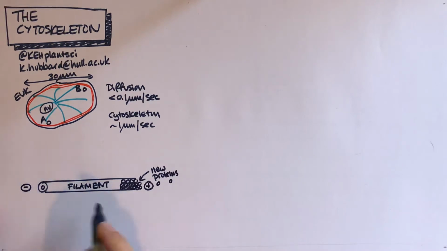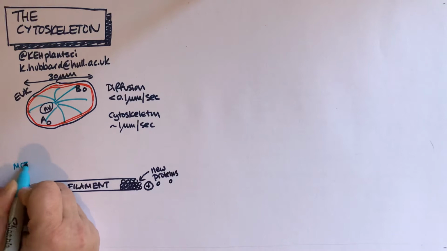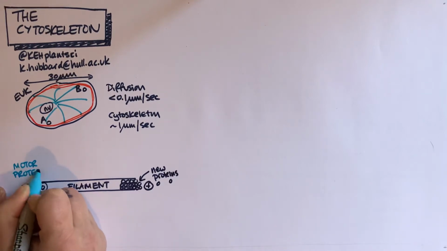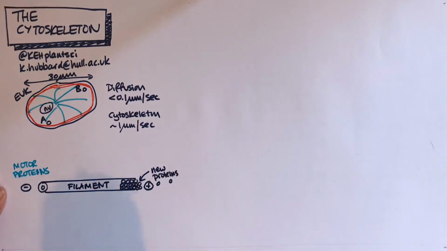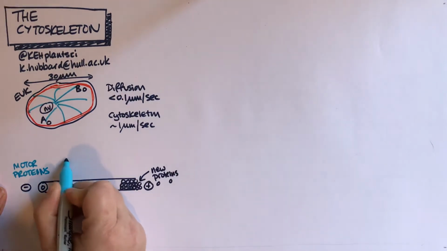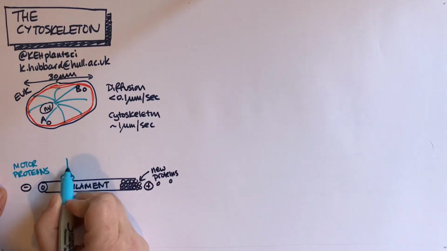Okay? So we have some sort of structural filament, and then we have these little proteins called motor proteins, which walk along the filament, and I really do mean walk. So if we've got a little motor protein there, they all tend to have this structure. So they've kind of got 2 feet that come together, and then there's a central spike up there.